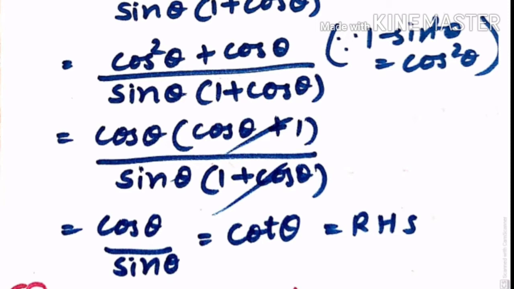Denominator sin theta into 1 plus cos theta. So you can check 1 plus cos theta or cos theta plus 1 is the same, that I have cancelled, and then I have only cos theta upon sin theta remaining. But according to our quotient relation, cos by sin is equal to cot. So we get cos theta upon sin theta is equal to cot theta. That is our right hand side.